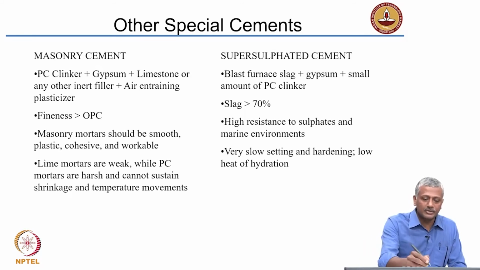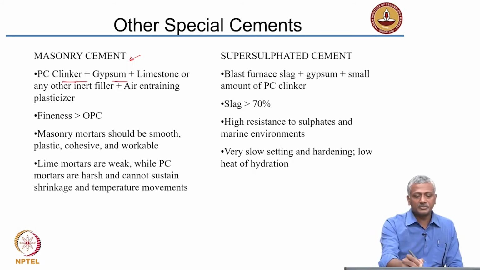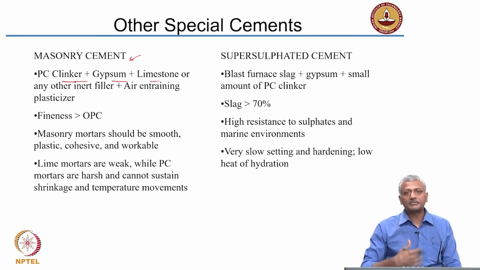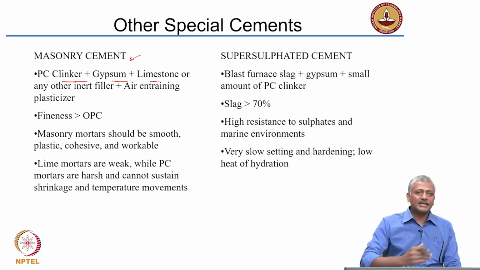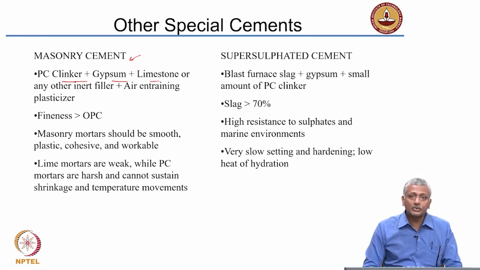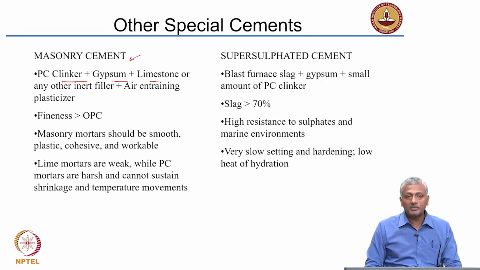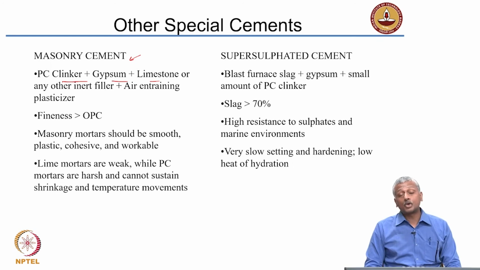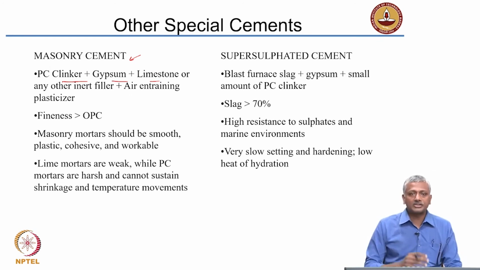You can use what is called masonry cement, which is a mixture of cement, gypsum and limestone, or sometimes other fillers and also some air entraining agents, which give a very nice consistency and ease of application as opposed to normal cement. Of course, it does not have as good a strength as your normal Portland cement, but at the same time, it is much better suited for masonry purposes.